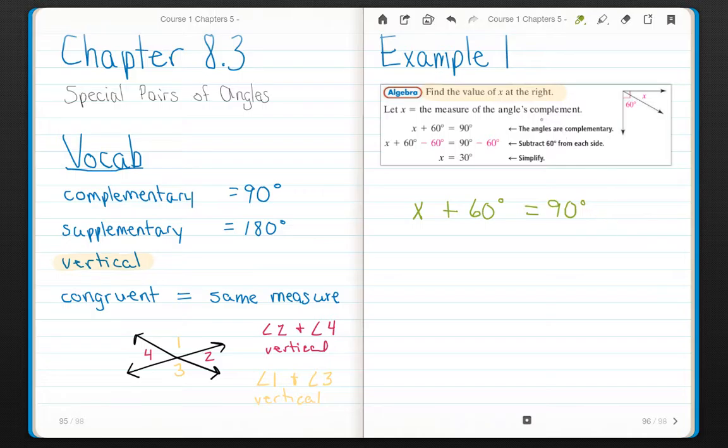They are also complements. If the measure of this angle is 60 degrees, then x is its complement. So x plus 60 equals 90, subtract 60 from both sides, and x equals 30 degrees. I can double check my work because 30 degrees plus 60 degrees equals the 90-degree right angle.